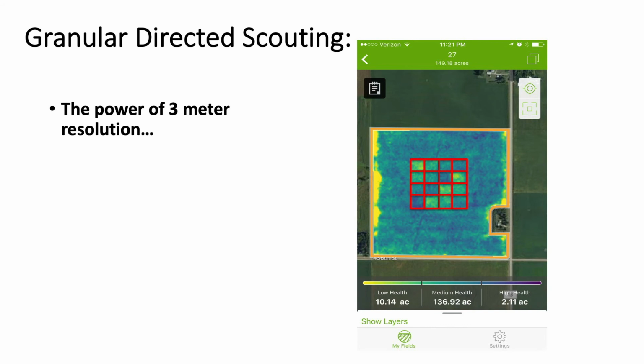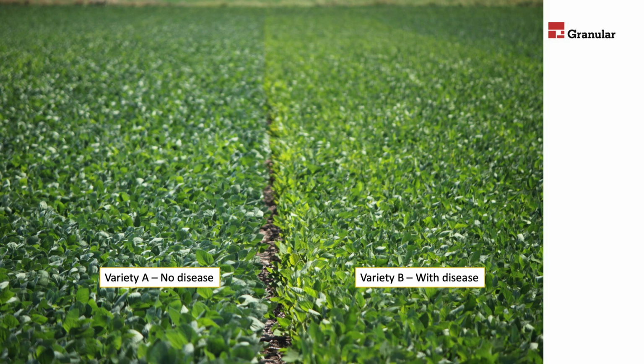Again, that's amazing resolution. Granular Insights satellite imagery will easily pick up the disease differences in these two soybean varieties, giving you insight into why there might have been yield differences long before the combine entered the field.